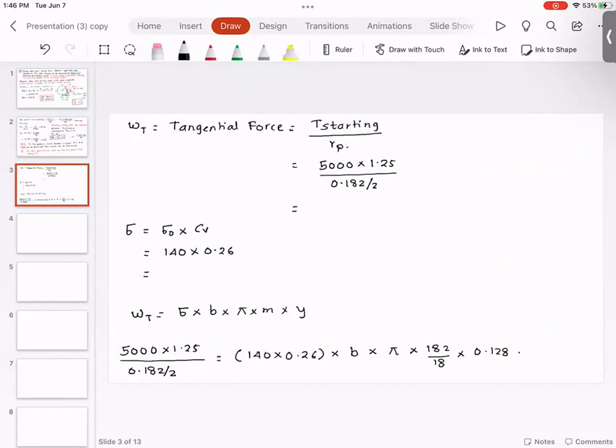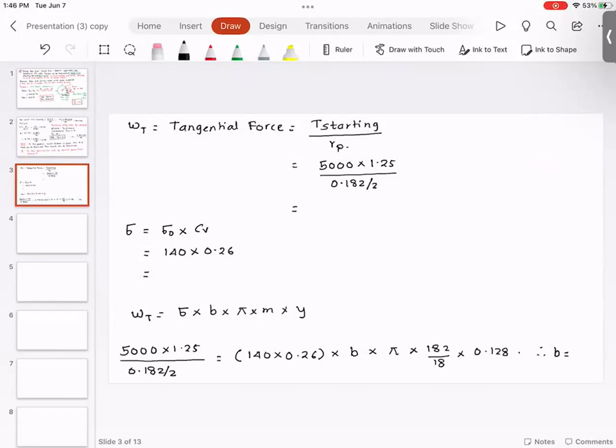So if you look at the entire equation, the only unknown is B, so from here I can find out the value of B. But there is something you want to be super careful about.